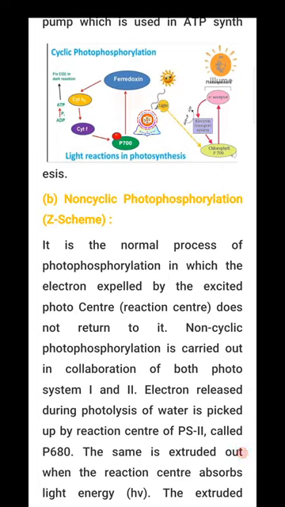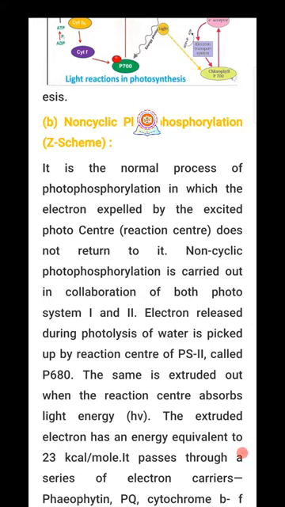Non-cyclic photophosphorylation is carried out with the collaboration of photosystem 1 and photosystem 2, or reaction center 1 and reaction center 2. The electron released during photolysis of water is picked up by reaction center 2, that is P680.